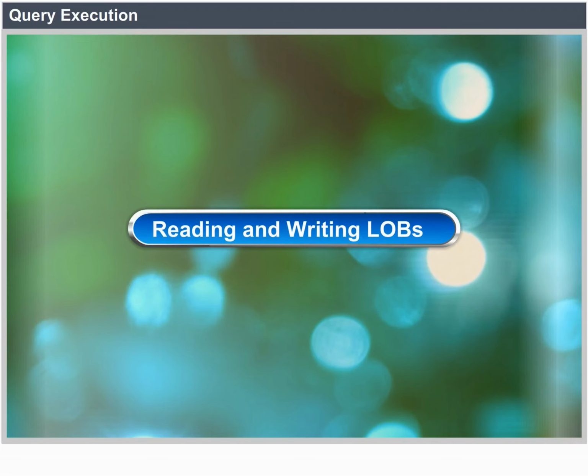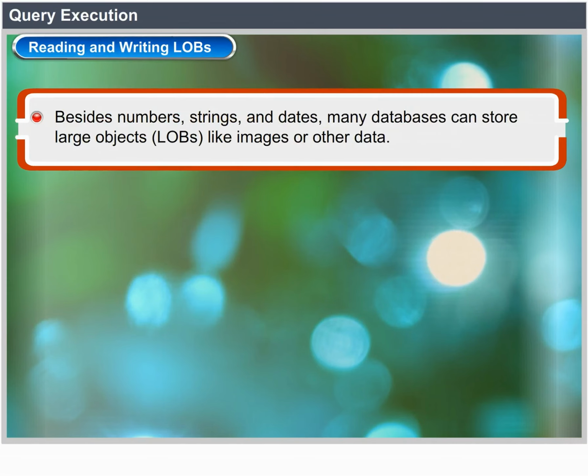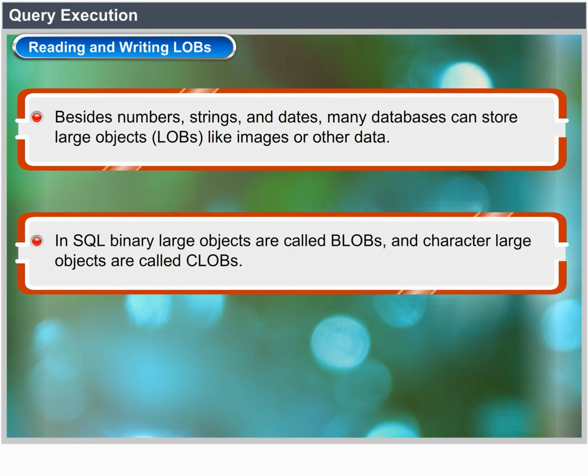Reading and writing large objects. Besides numbers, strings and dates, many databases can store large objects like images or other data. In SQL, binary large objects are called BLOBs and character large objects are called CLOBs.